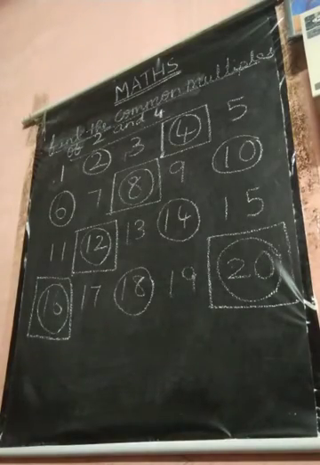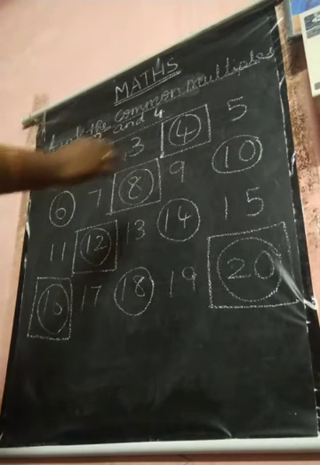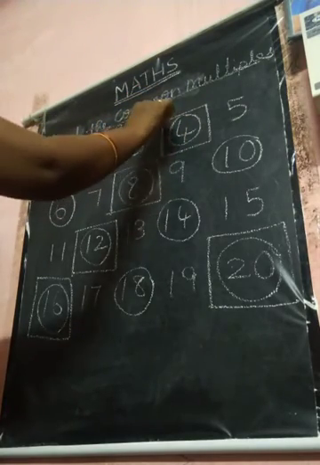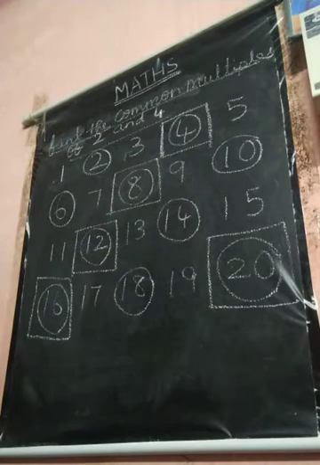Now you are going to find the common multiples of 2 and 4. What are common multiples? The numbers that come in both the 2 table and the 4 table are the common multiples of 2 and 4.